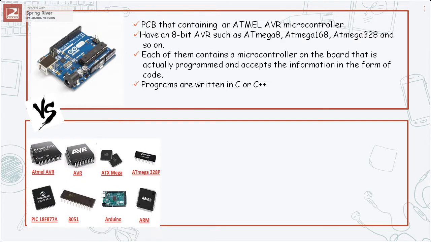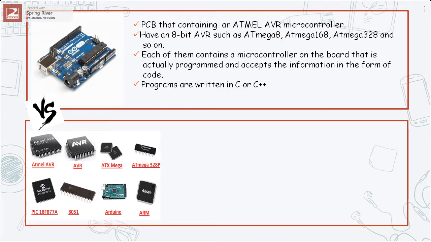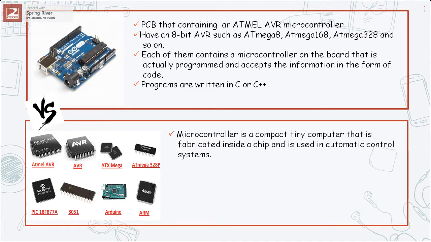Let's discuss the microcontroller. A microcontroller is a compact tiny computer that is fabricated inside a chip and is used in automatic control systems, including security systems, office machines, power tools, traffic light control, washing machines, and much more.